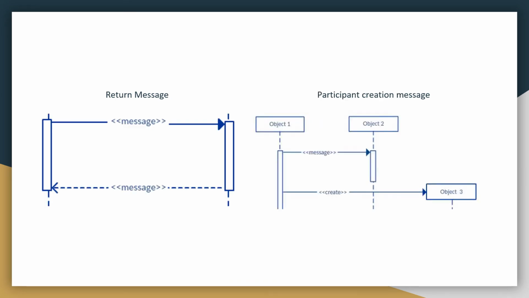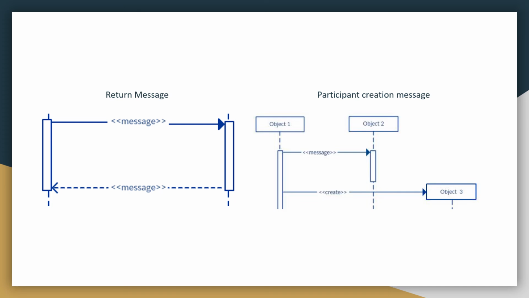Then there is the return message. A return message is used to indicate that the message receiver is done processing the message and is returning control to the message caller. Return messages are optional, so every asynchronous message always implies a return message.